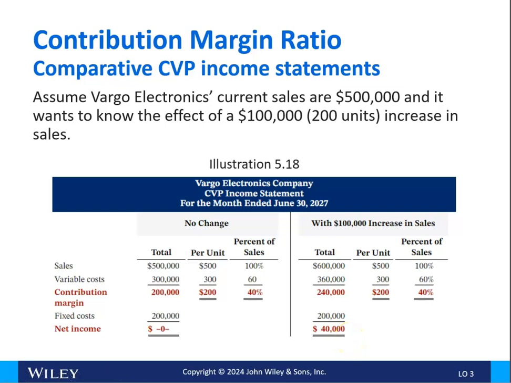So our variable costs are going to go up $60,000, 200 units times $300. Our contribution margin goes up $40,000, so $200 times 200 units. Fixed costs remain the same, so our profit or net income goes up $40,000.